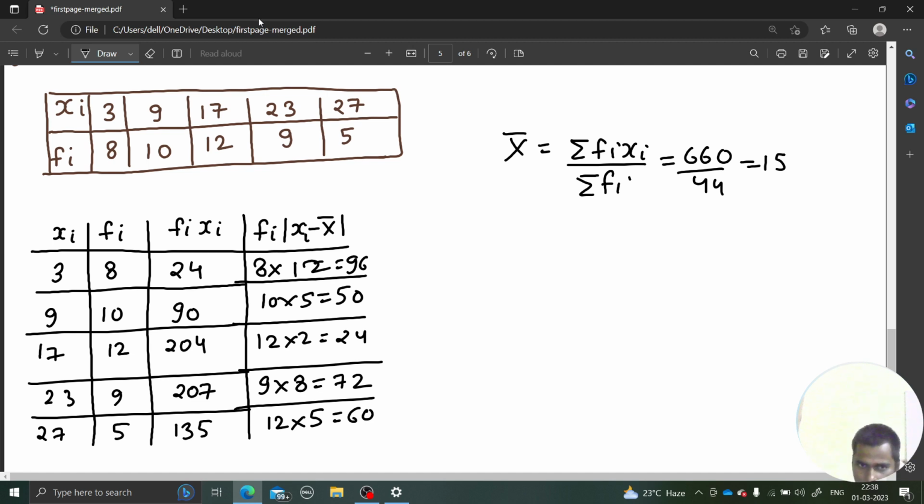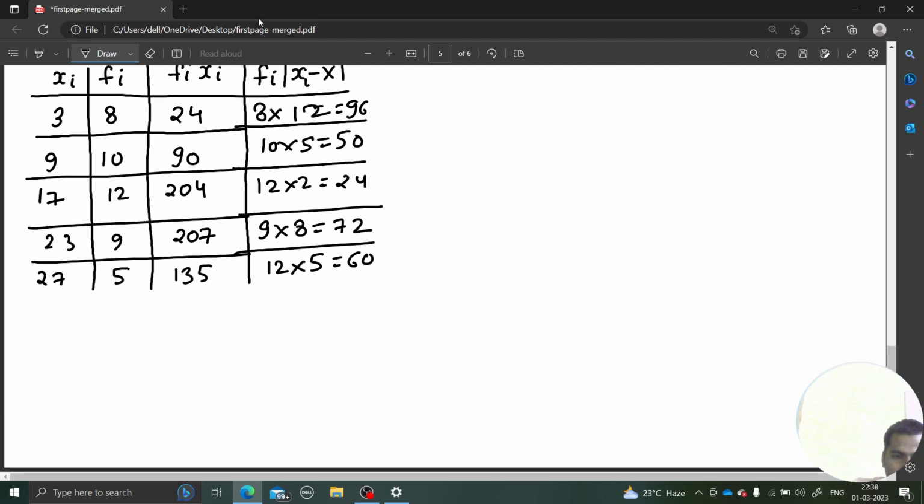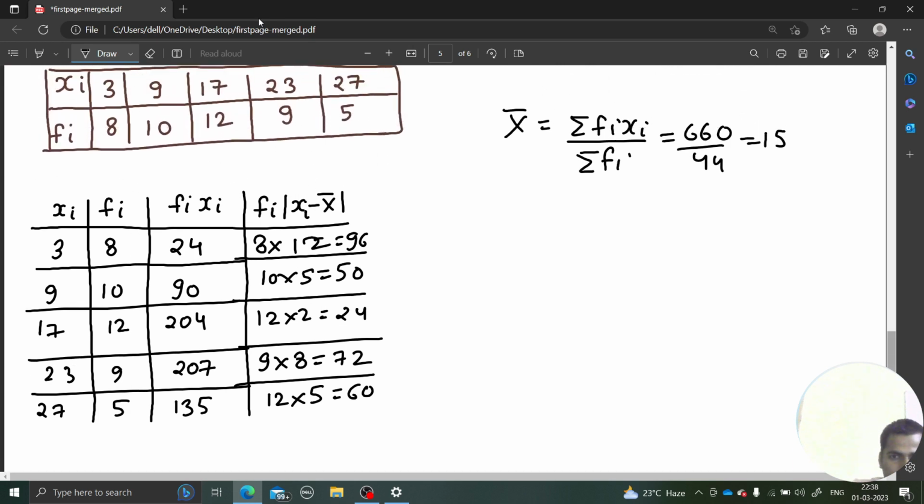So if I calculate its sum, we write these sums below like this. So summation fi was nothing but 44.